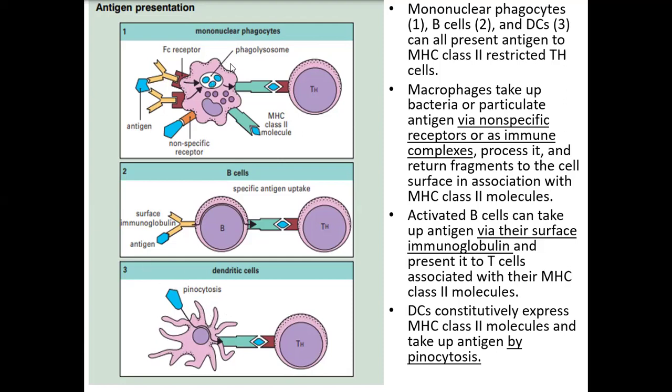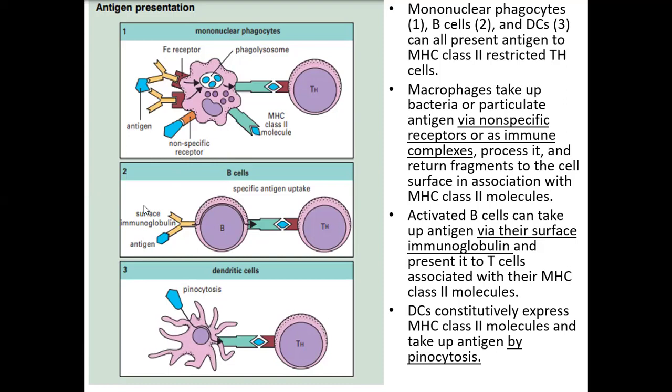So macrophages catch some pathogen, destroy them, and then put its antigen on the MHC second class receptor, and then show the new antigen to the T helper. Dendritic cells also do like macrophage. They catch some pathogen and then put it on the MHC second receptor and then show it to the T helper.